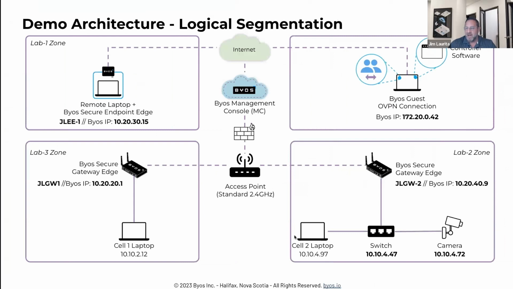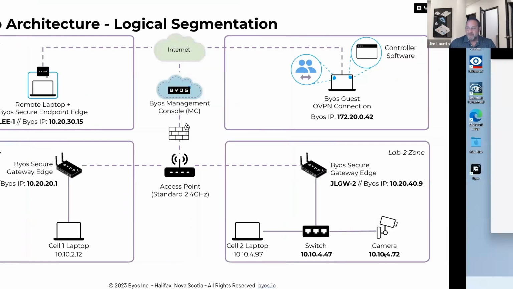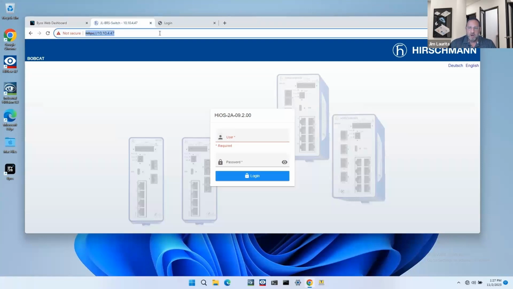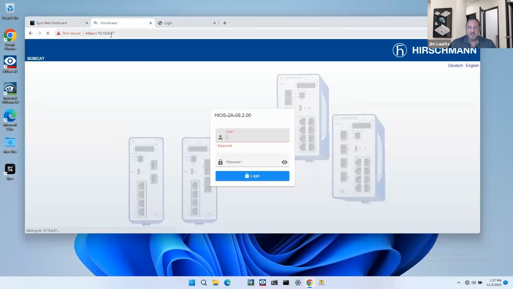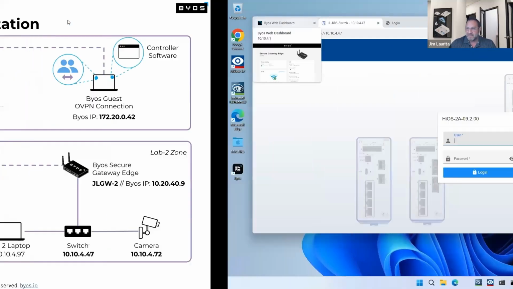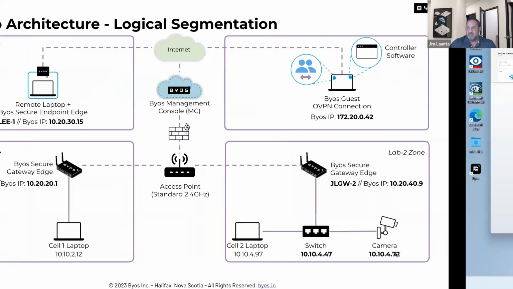We're going to stop at the slide. And what I'm going to do now is bring up this laptop, which is a Windows machine. And that laptop, as you can see, is local to that switch. All right. So I'm going to show you here how I'm logged in locally to that switch, 10.10.4.47, right? If I jump back to the slide, there's 10.10.4.47, right?